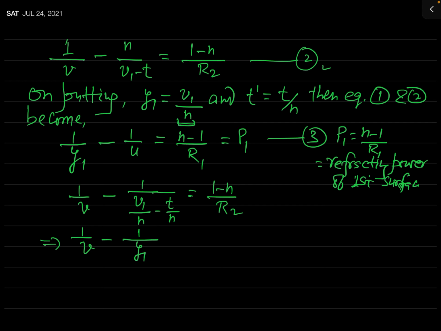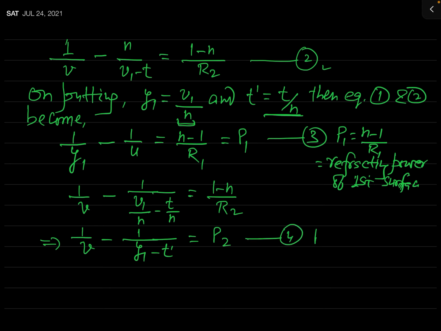So you can write it 1 over y1 minus t by n. You can see we have assumed that this t by n is equal to t prime. So this is t prime, and this is equal to p2, let us say.